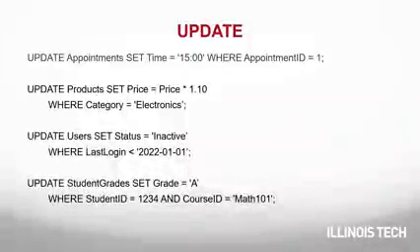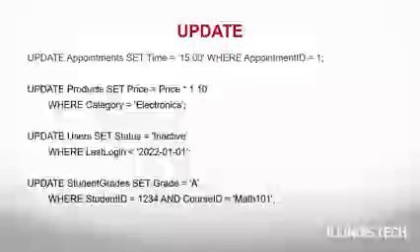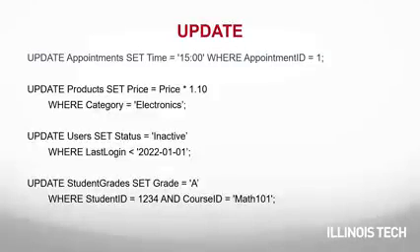We can update our users to say all users where their last login was before January 1st, 2022 should be set to be inactive. So we can set their status to be inactive if their last login is before January 1st, 2022. We might need to update a student's grade in a course. So look for the student grades where the student ID is 1, 2, 3, 4, that particular student.